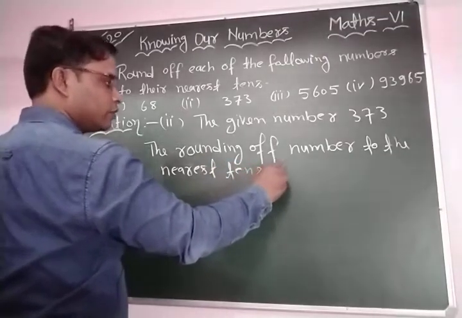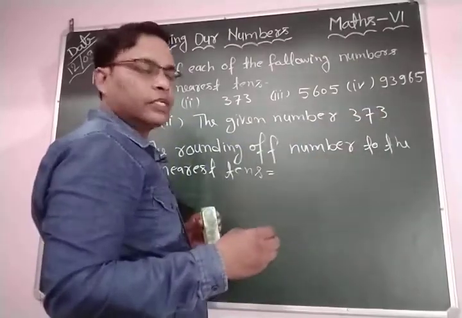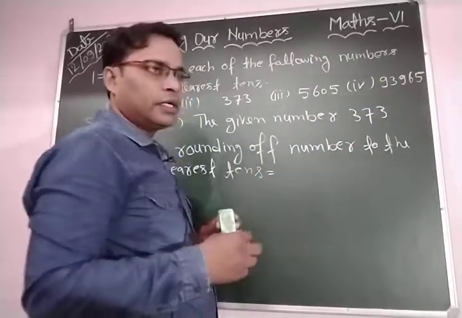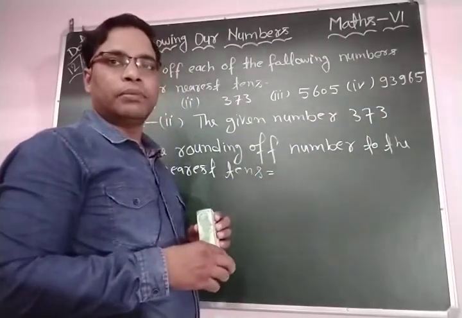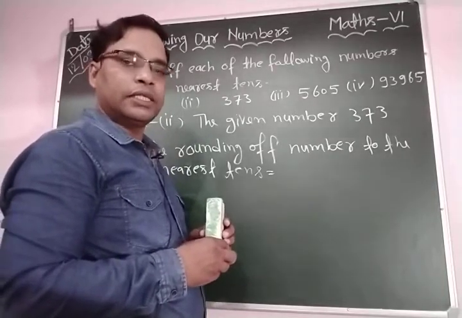Here you can see the unit digit is less than 5, so it becomes 0, and the other digits of the number stay as they are.